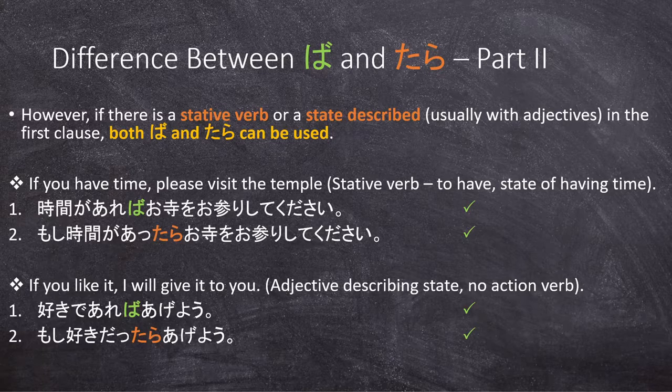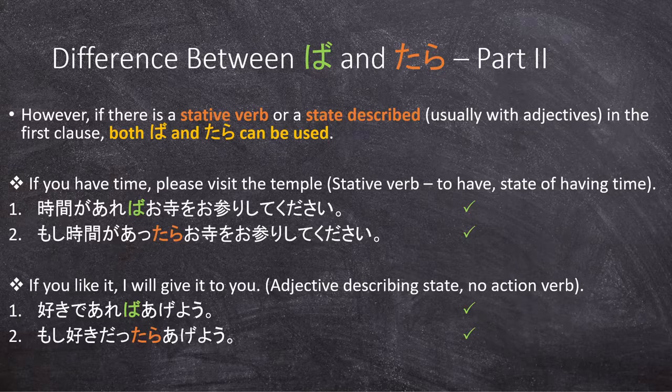So once again, if you have made it easier for yourself to remember tara as being the one that handles, let's say, those situations with intents, prohibitions, and requests, then it's fine. However, if you come across the usage of ba in this manner, I just wanted to make my video a complete guide, because it needs to cover all of the points, and I really don't want you to be confused if you, for example, read in the newspaper a sentence that uses ba in this manner.